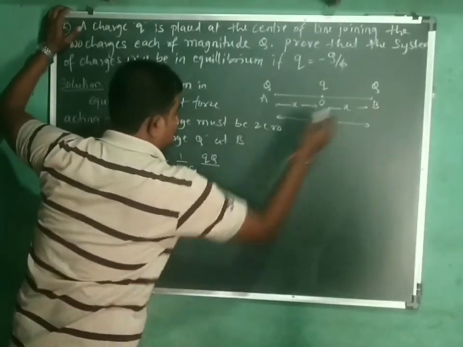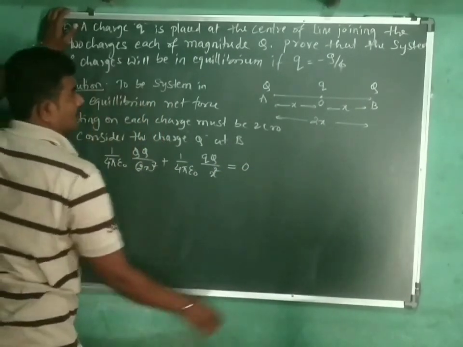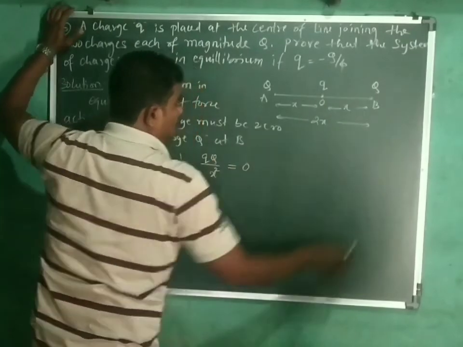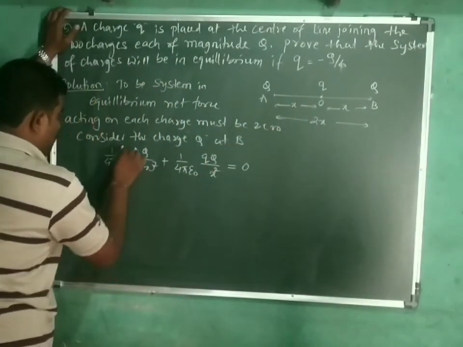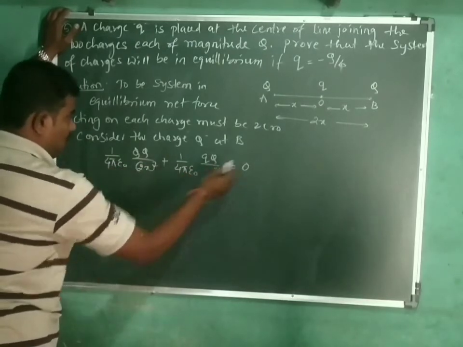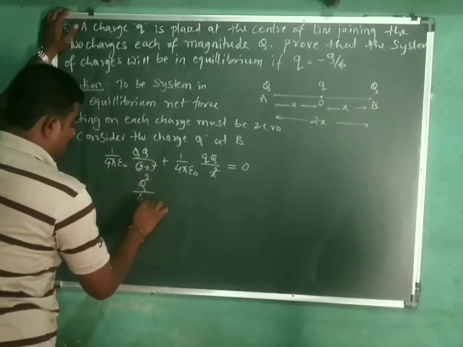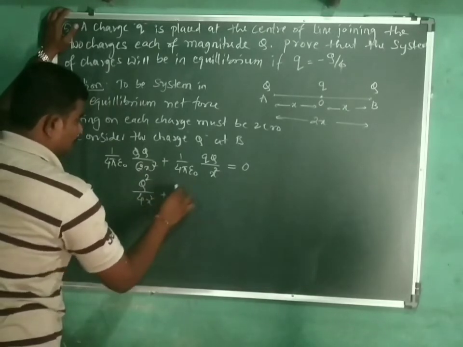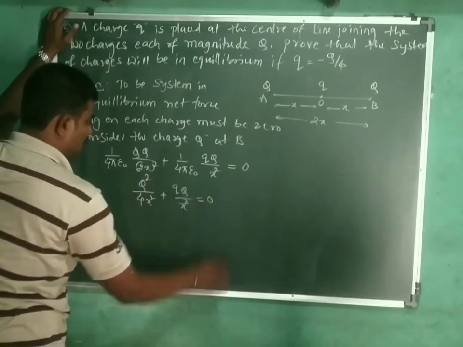R square means this distance, x square. This must be equal to what? 0. The force acting on this charge by these two charges must be equal to 0. So 1 by 4 pi epsilon naught cancels. Qq, it is Q square, and 4x square, plus Qq divided by x square is equal to 0.